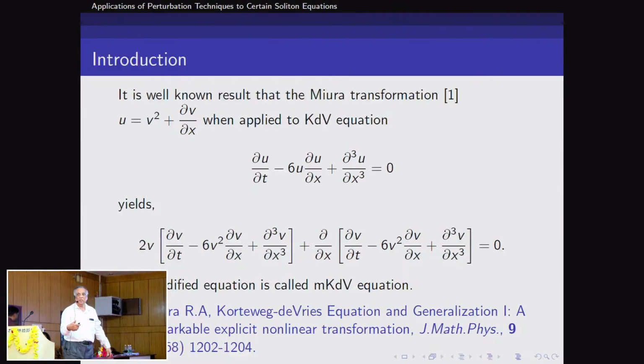Together they are called the Korteweg–de Vries. Both are German mathematicians. So Korteweg is one mathematician, de Vries is another. We call it shortly the KdV equation. So this will split into the same equation, you can observe. Therefore it is called the modified KdV equation.